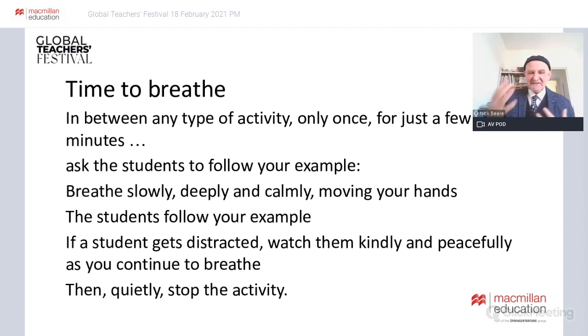Of course, we don't really want to spend too much time because you've got an awful lot of things to do in the English class, and the more time you've got them speaking English and writing English, etc., the better. But basically, with a little activity like this, every now and then, say once in each class, once every 2 or 3 classes, it actually gets the students working much better in a much more kind of productive way.